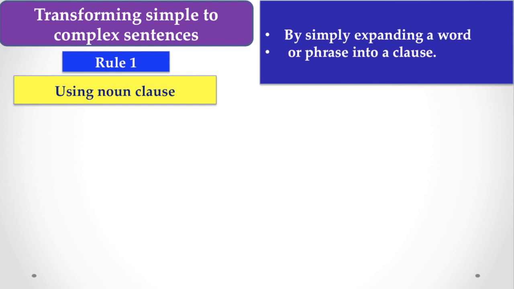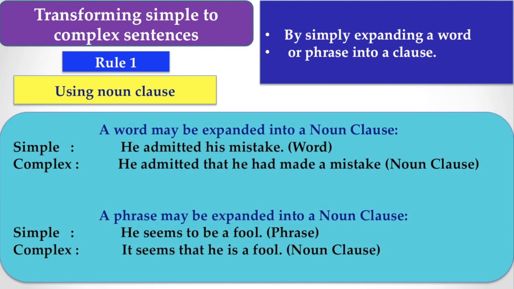So, rule number 1. When we are thinking to change a simple sentence into a complex one, we may use a noun clause. That is, a word may be expanded into a noun clause. For example, he admitted his mistake. This is an example of a simple sentence, where you find subject, verb, object.